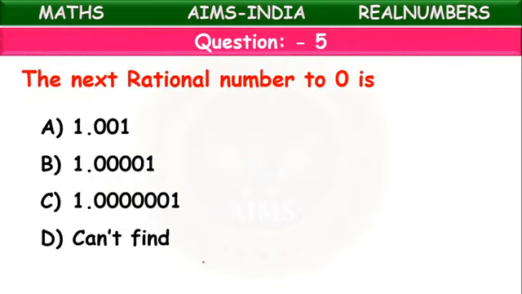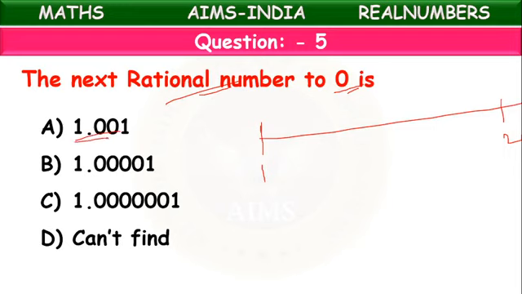So next question. The next rational number to 0 is... So in the number line, between 1 and 2, they are asking the next rational number. Suppose if we take this one, this number is less than this one, so it may be considered as the next one. This number is nearer to 1.